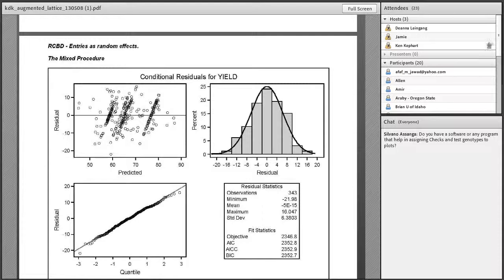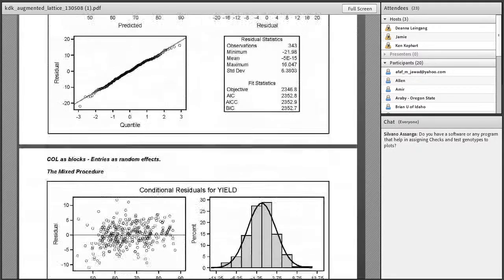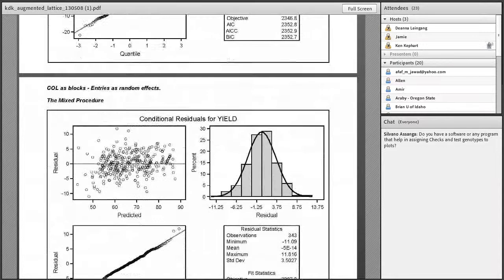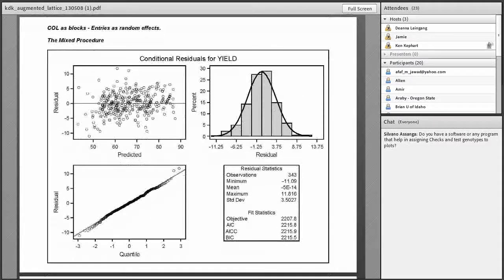What surprised me is that even with all of the adjustment, we were still not discerning a difference among the observations of the unreplicated entries with the columns as a block, even though that adjustment was nearly 250% compared to a randomized complete block design, whereas with the trend analysis, both of these resulted in probability levels that would be considered significant.